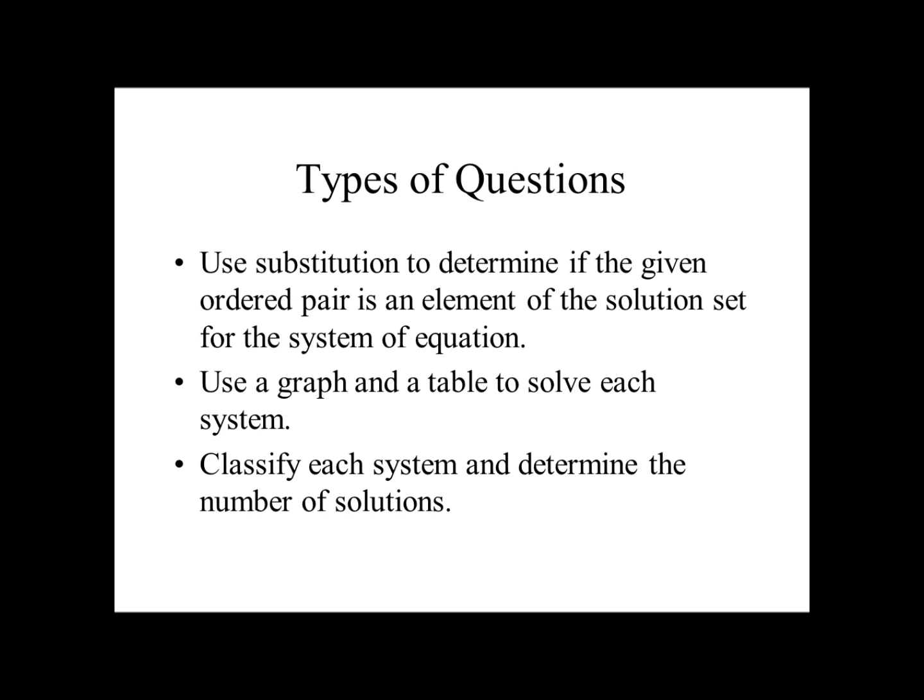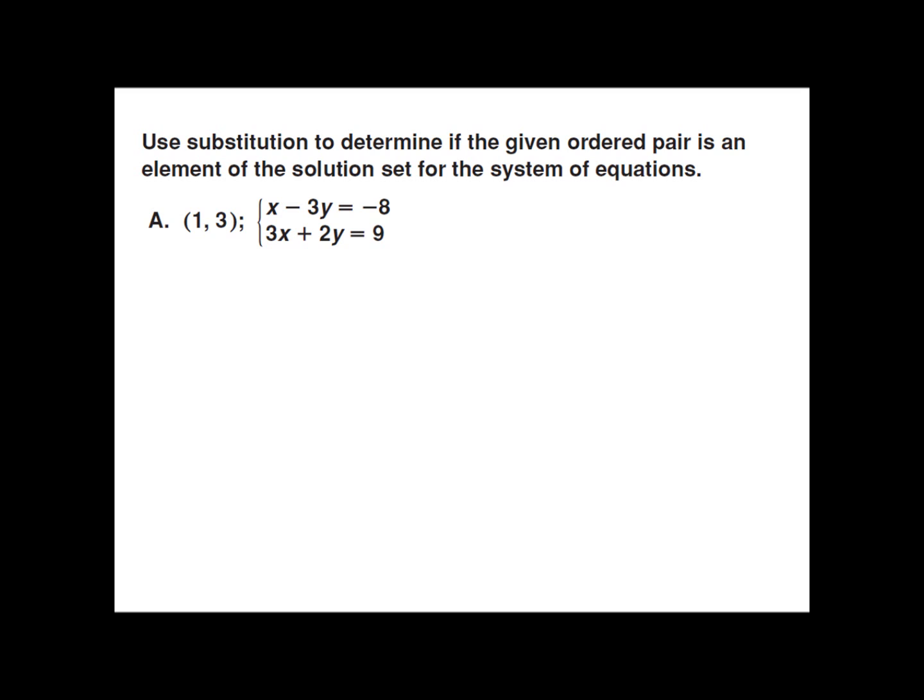Basically, if I plug this point in, does it work for both equations? And then we want to use a graph and a table, not just one or the other, to solve each system. And then we want to learn how to classify each system and determine the number of solutions. There's three possibilities there.